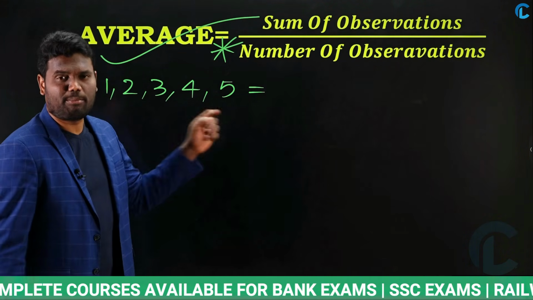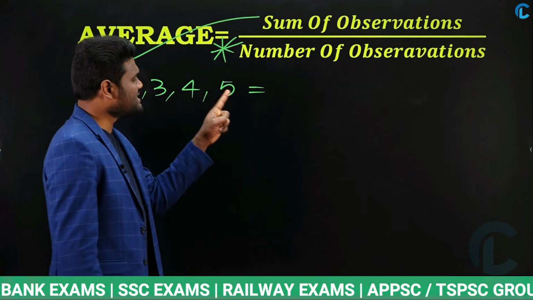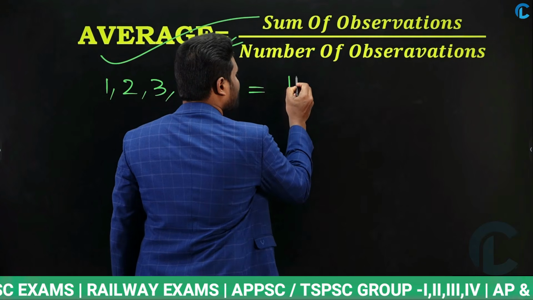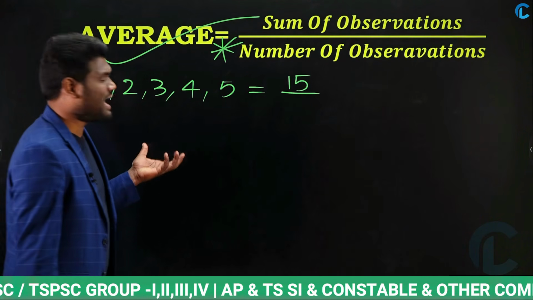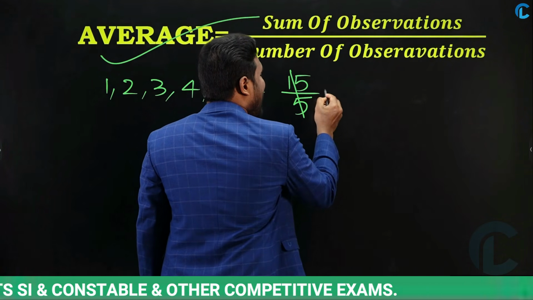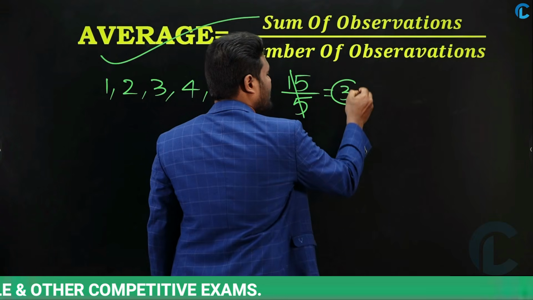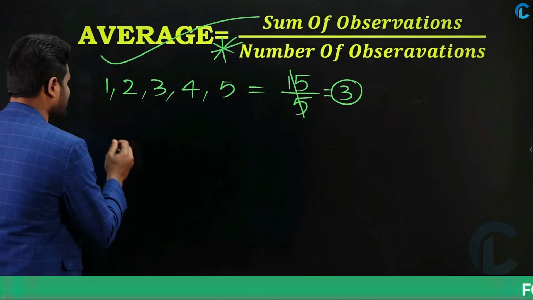When you calculate the sum of these numbers, 1 plus 2 plus 3 plus 4 plus 5, the sum is 15, divided by the number of numbers. How many numbers do you have? 5. So I can say that the average is 3. Yes or no?